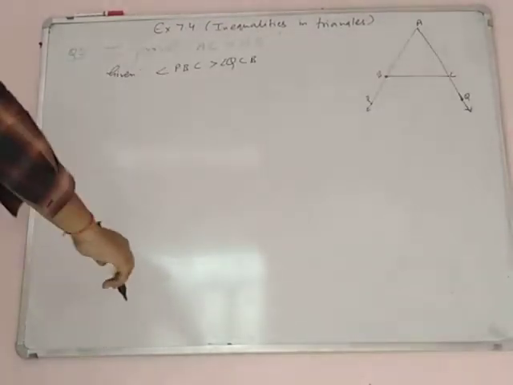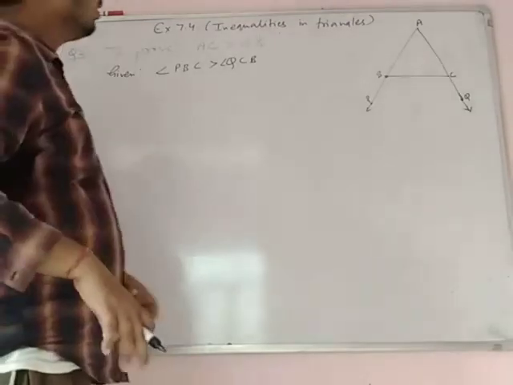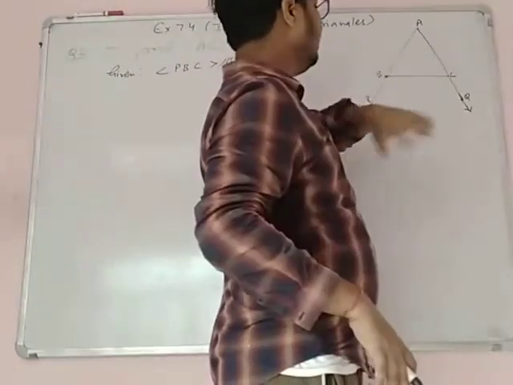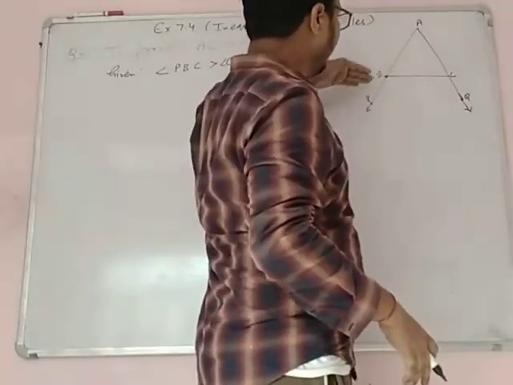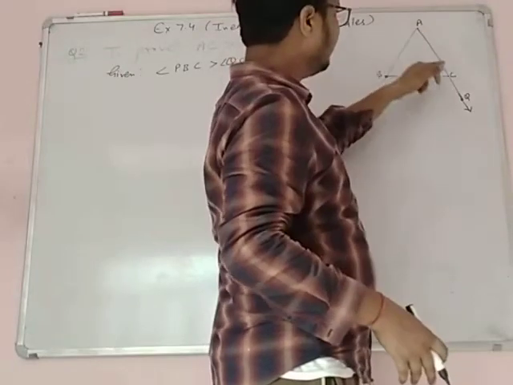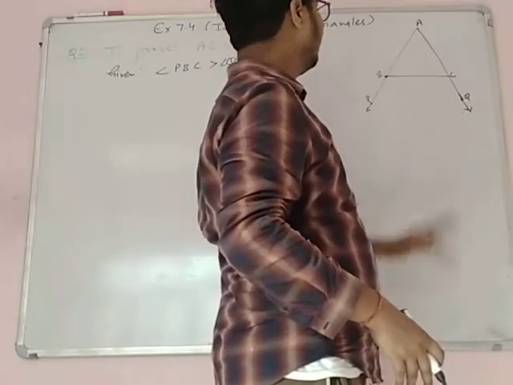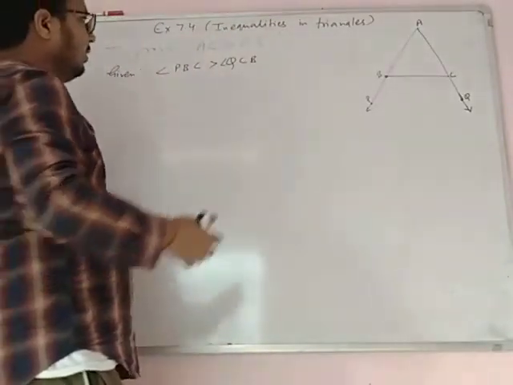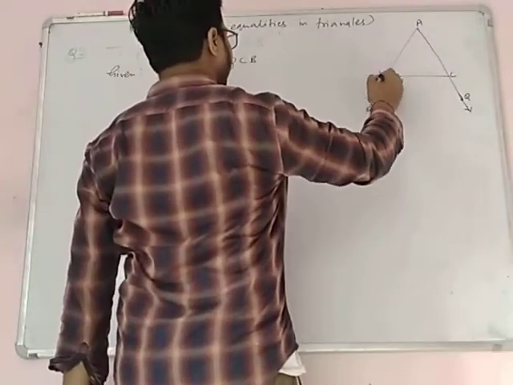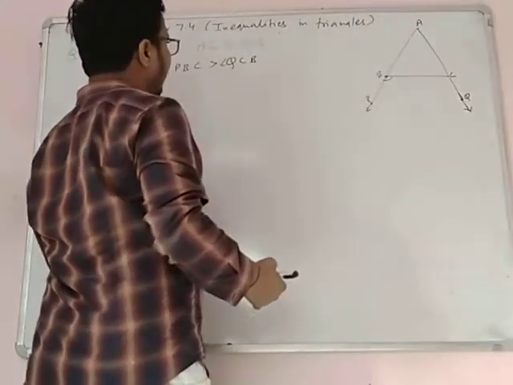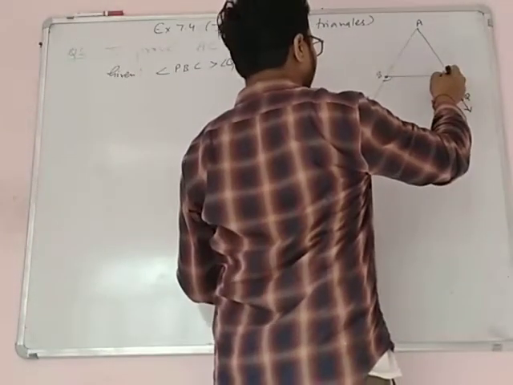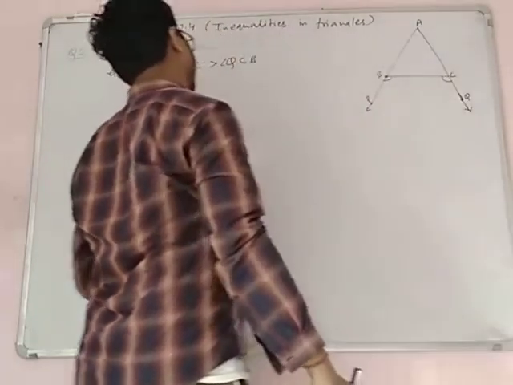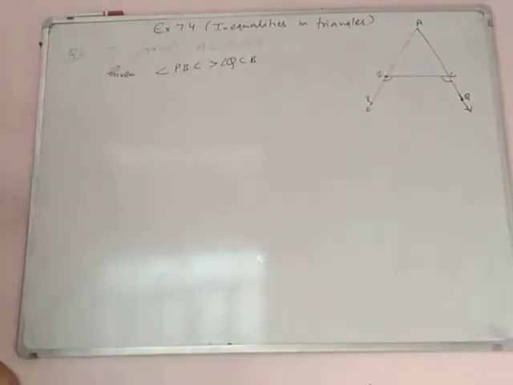Now see in that question, it is given that a triangle ABC is there in which the side AB is extended to point P and AC is extended to point Q. In which the condition is given that angle PBC is greater than angle QCB. Angle QCB से क्या है greater है. Is it clear?